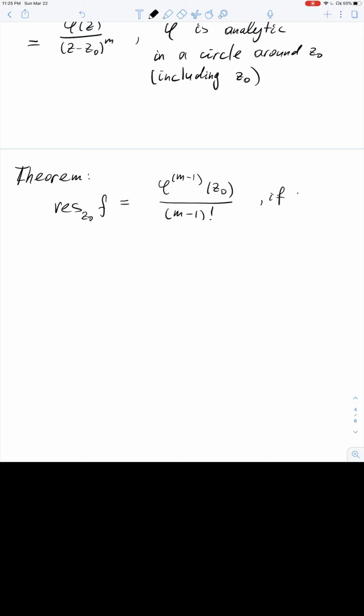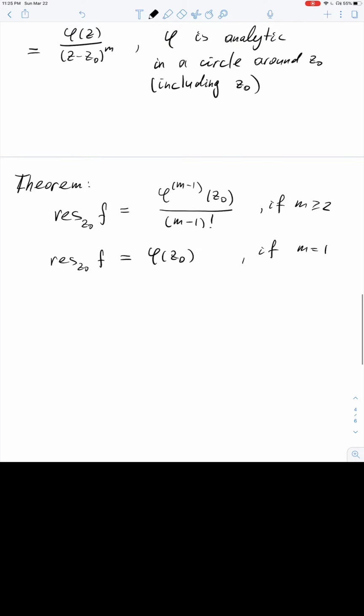This is true if m is bigger or equal to 2, and if m is equal to 1, we just get phi(z0). Well, if m is equal to 1, then it's kind of obvious.